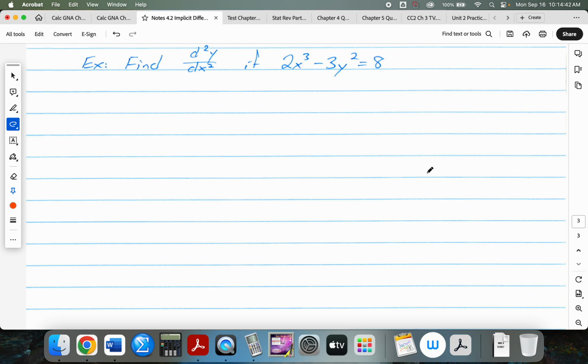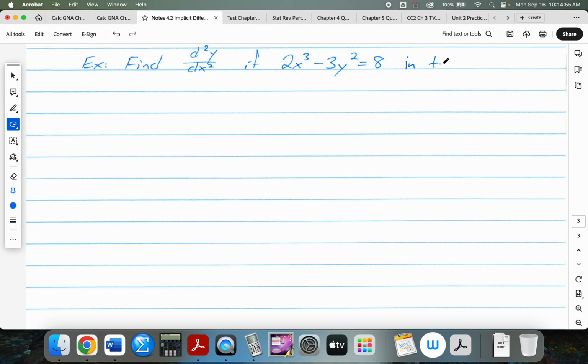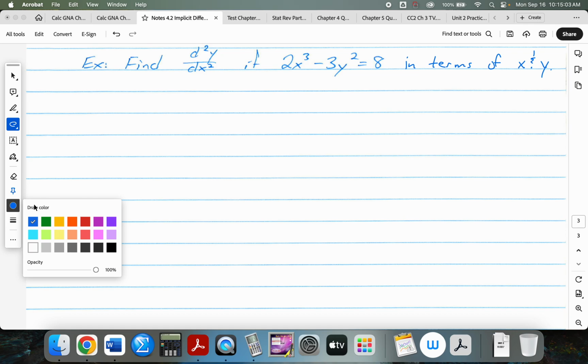So let's do the second derivative for this, d squared y dx squared, and I'm going to add on an instruction that's almost always on there: in terms of x and y. You'll see why that's important in just a second.